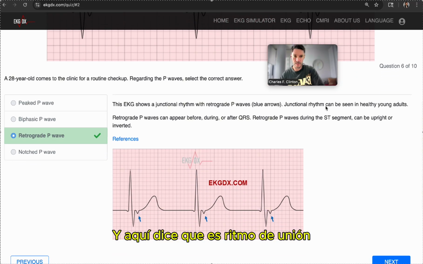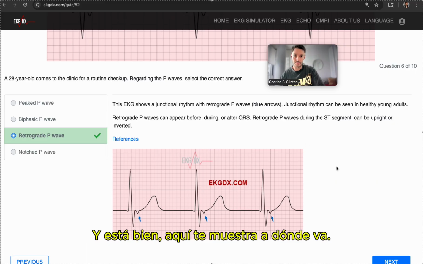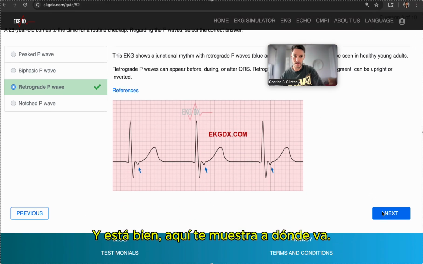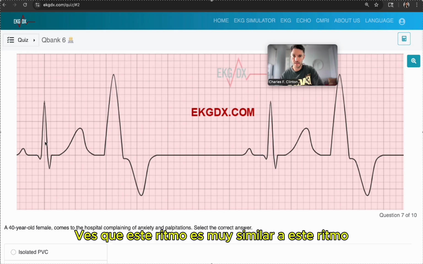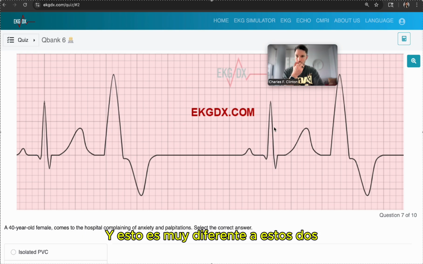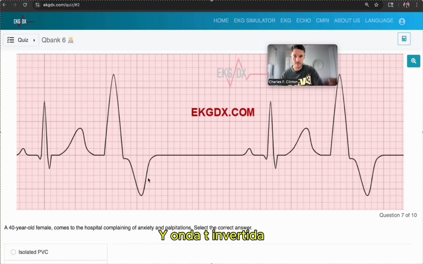And here it says it's junctional rhythm, can be seen in healthy young adults. Okay, here it shows you where it is going, and perfect. This other one here, you see that this beat is very similar to this beat, and this is very different to these two, but similar to this one. You can see that the QRS is above 0.12 seconds, and inverted T wave.